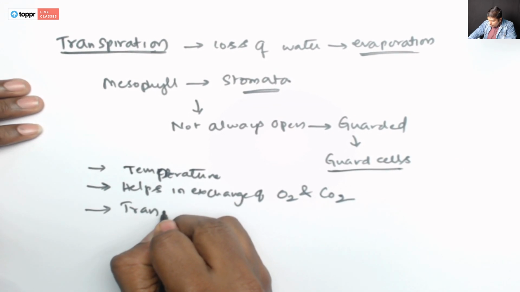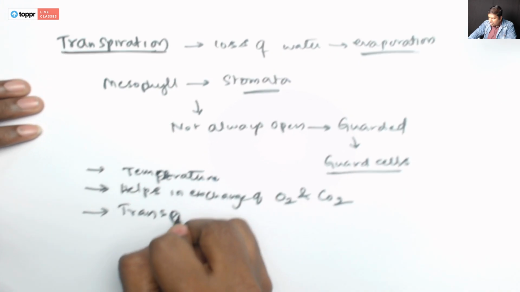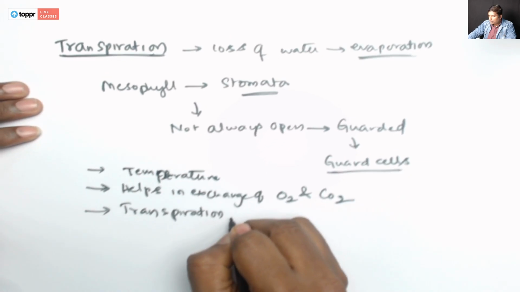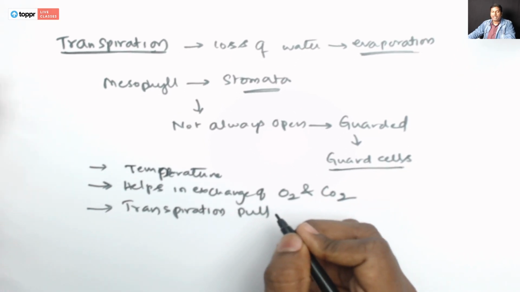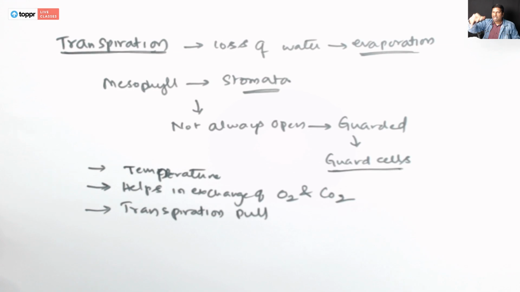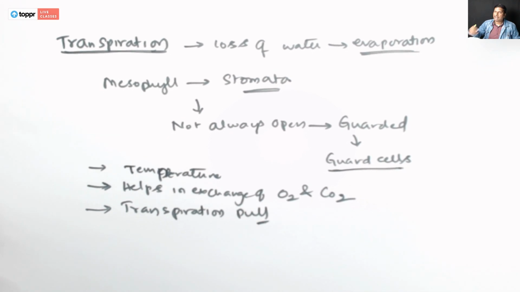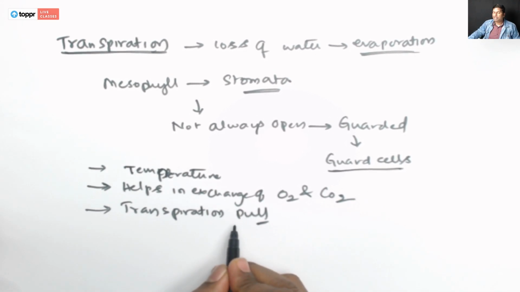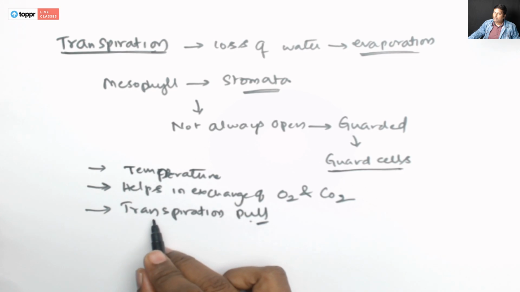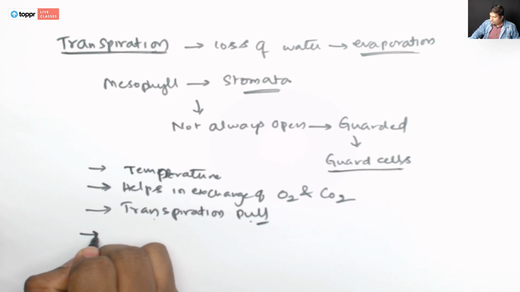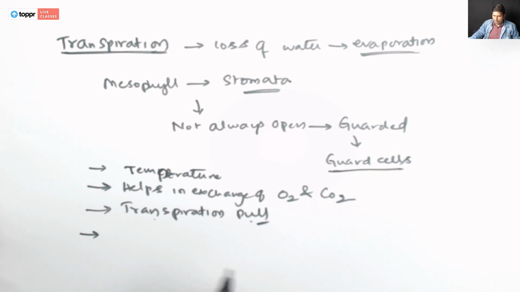Because of which you are generating something called transpiration pull. Because of the transpiration, the water is literally being pulled all the way from the roots to the top of the plant. That negative tension that we discussed is nothing but the transpiration pull, which is because of the transpiration process. And in addition to this, what else?